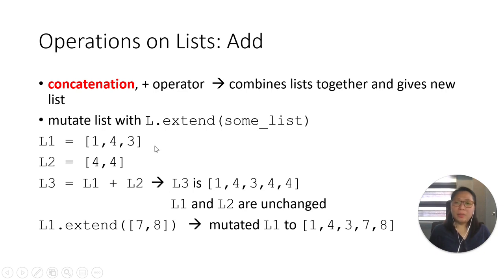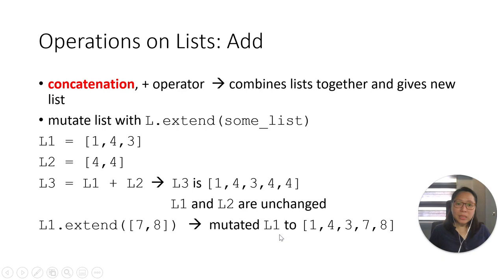And then there is also a method .extend, which appends. It's like concatenation, but this one mutates the list object L. So here in this example, let's say we run this L1.extend, and we have a list object inside parentheses, 7 and 8.